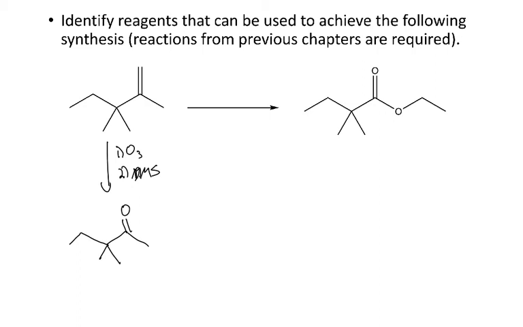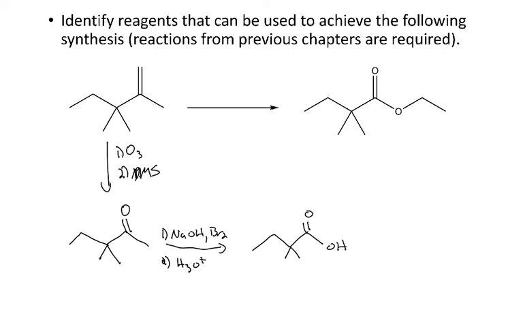And so now we have a methyl ketone, so we can use the haloform reaction that we learned. And that will convert my methyl ketone into a carboxylic acid.